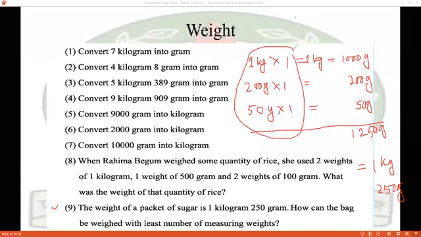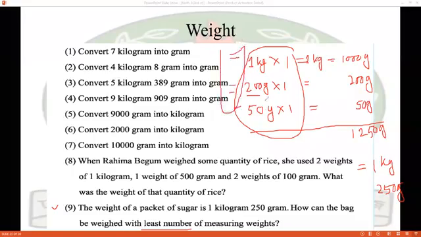Another way, maybe you choose 100 gram weights, but there is a condition: the weight with the least number. When you choose 100 gram weights, it will be 1, 2, 3 and 4, number 4 weights.